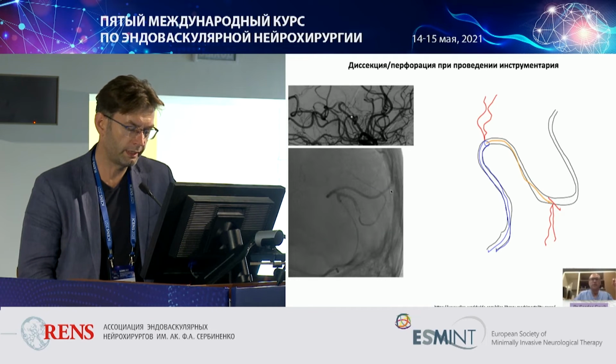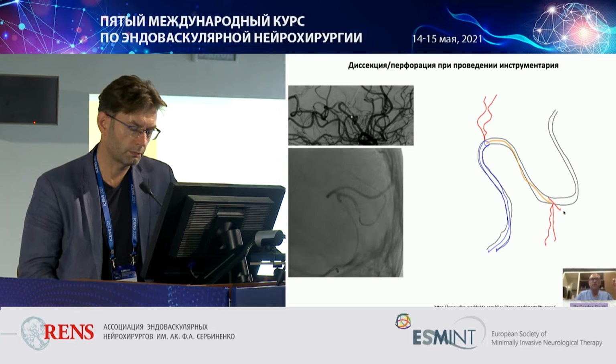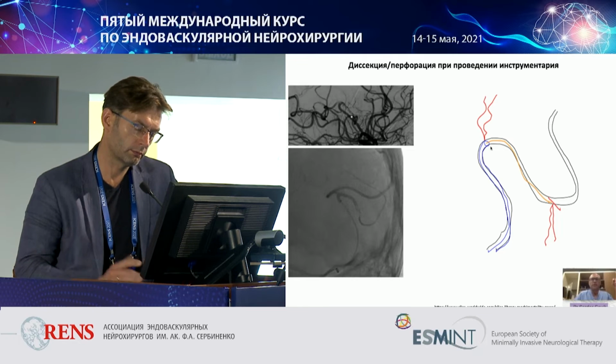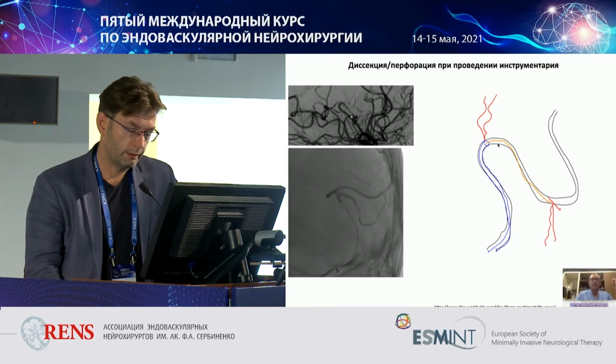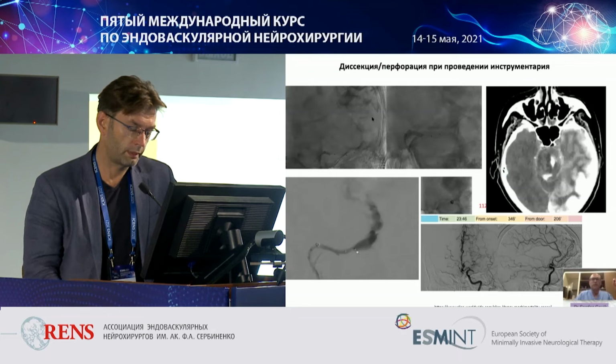And when putting in the micro catheter and the micro guide wire, they had a dissection, most likely due to the stressed guide wire, or the so-called laser effect of the micro catheter.